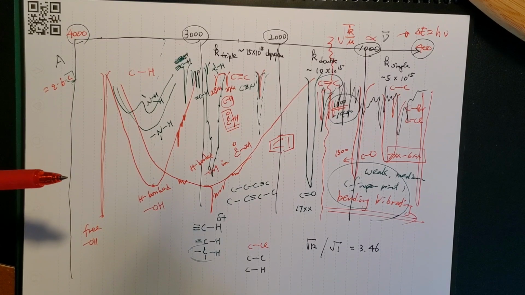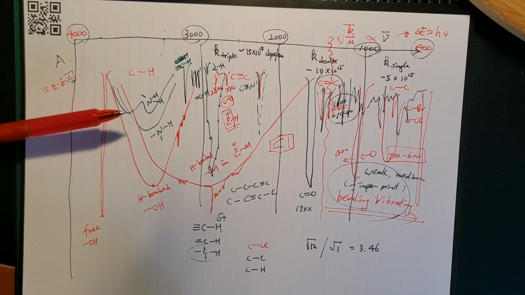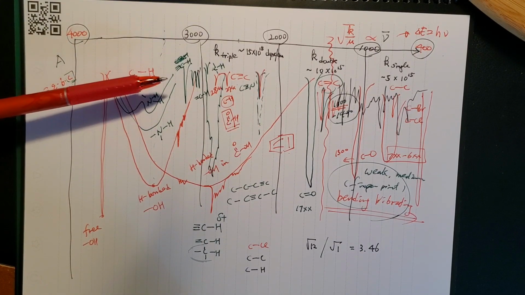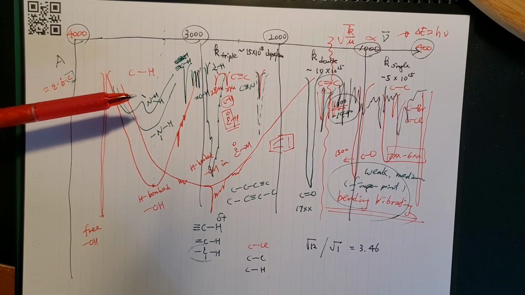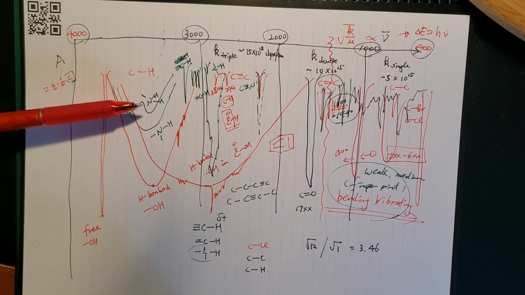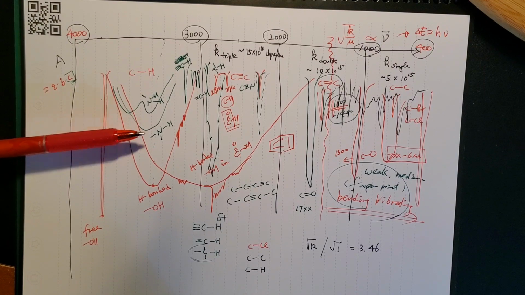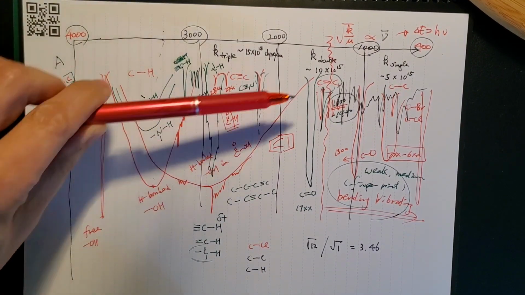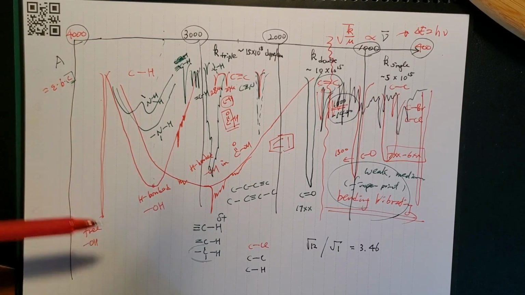And then OHs and NHs, due to the potential hydrogen bonding, are rather broad, and the NH2 has two peaks, symmetric and asymmetric stretchings, and NH has only one stretching. Then OH, carboxylic OH, free OH.